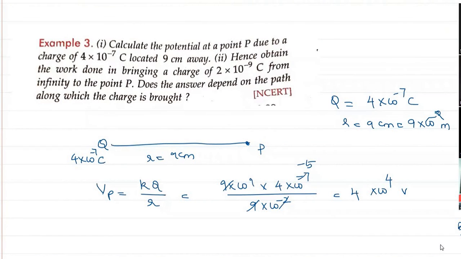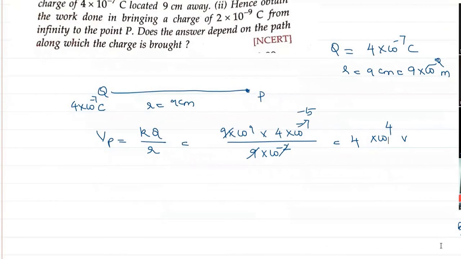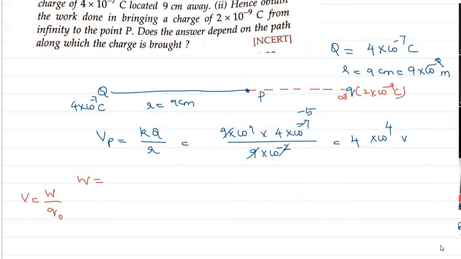Now what they have asked: obtain the work done in bringing the charge Q from infinity to that point. So we are having a Q here. It is at infinity. What is the value of it? 2 into 10 to the power minus 9. From infinity to this point, we need to bring it. So what is the work done? How will you calculate? We know that V equals work done by Q naught.